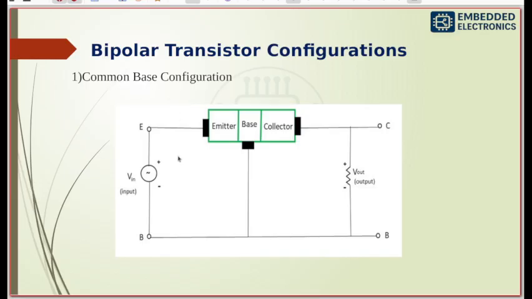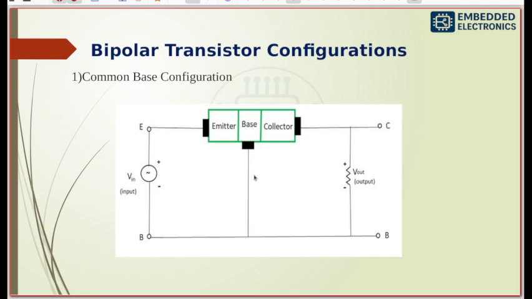In the common base configuration, the base of the transistor is grounded, with the emitter acting as the input and the collector acting as the output. The emitter-base junction is biased forward, whereas the junction between the collector and the base is reverse biased. Low voltage gain but high current gain is offered by the CB.